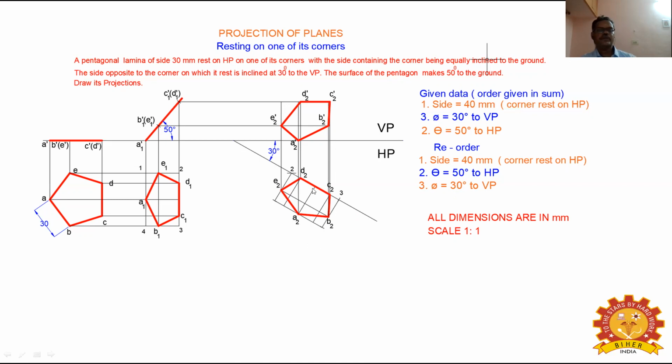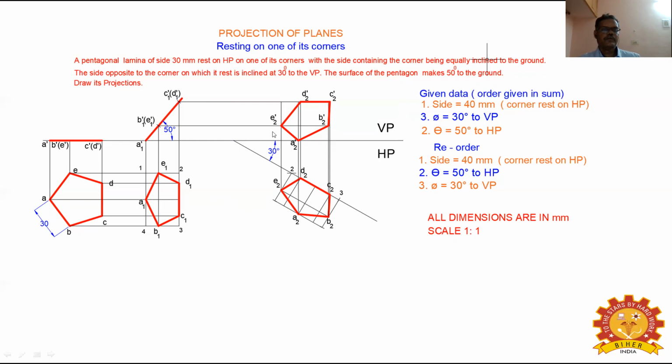From the midpoint of CD, draw a perpendicular line where it intersects between 1 and 4 and mark as A2. From A2, B2, C2, D2 and E2, draw a vertical line. From C1 dash, draw a horizontal line.